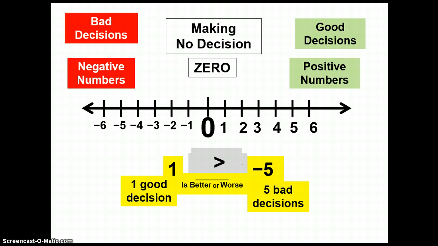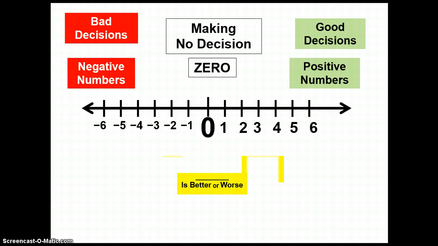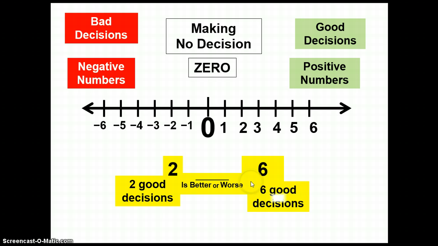What about another one? I have 2 good decisions versus 6 good decisions. Which one is better? Is 2 better or worse than 6 good decisions? Is 2 better or worse than 6? It's worse, right? It's worse. Or less than.